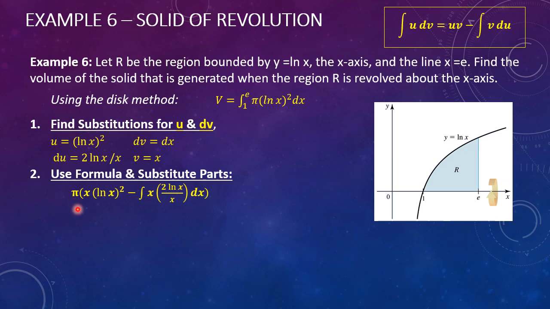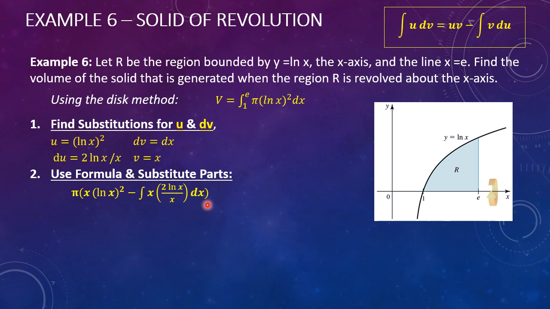So I get pi times uv. U is ln x squared, v is x, minus the integral of v du. Okay, v is x, du is 2 log of x over x dx.